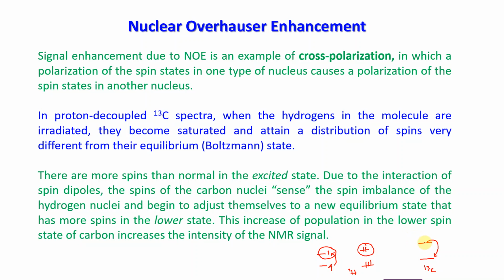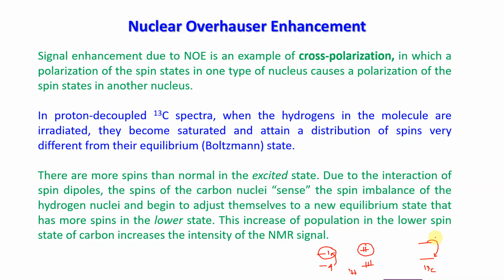So what it will do? It will quickly release the nuclei from the excited state to the ground state. Okay, and in that way the ground state population of the nearby nuclei will be increasing. In this case it is the 13C.